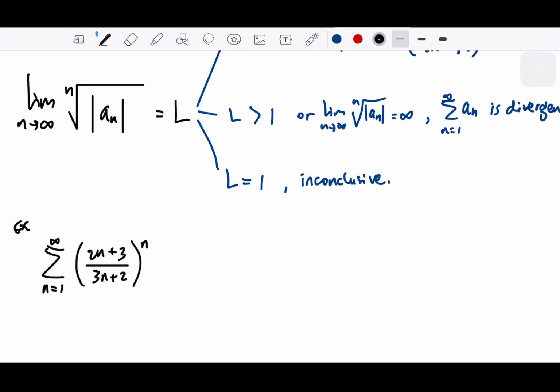If you see any series that has the power of n, or maybe 2n, 3n, or any n, the more you look at it, the more you are drawn to just use the root test. The idea is to take the power and remove the power.